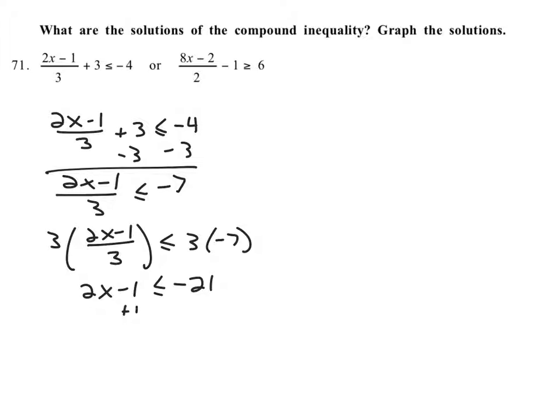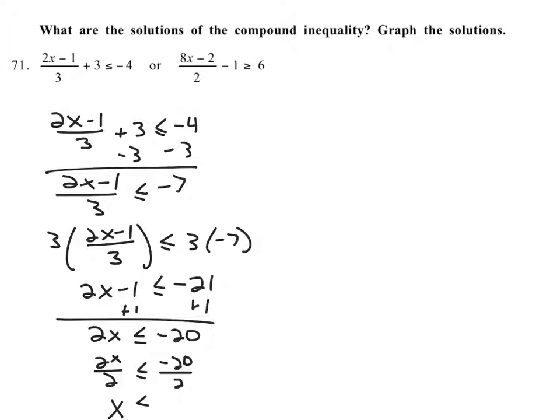And we add 1, add 1. And we've got 2x is less than or equal to negative 20. And dividing both sides by 2, we've got x is less than or equal to negative 10.